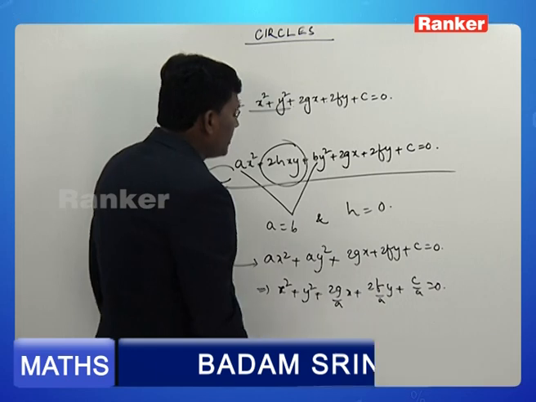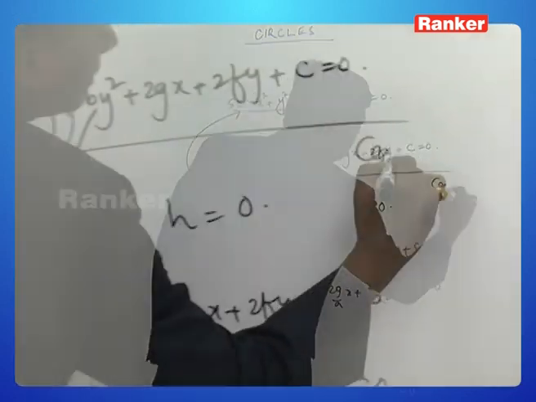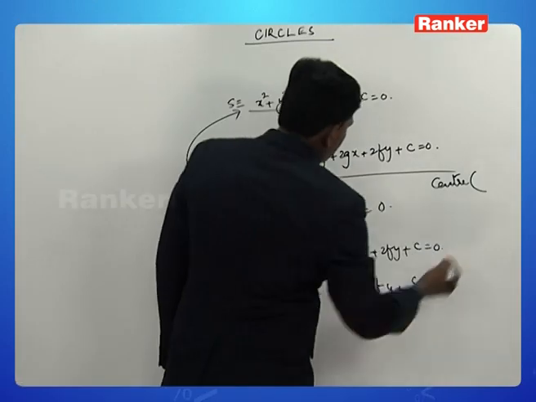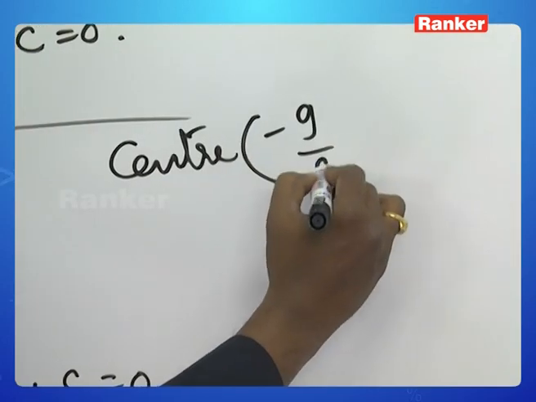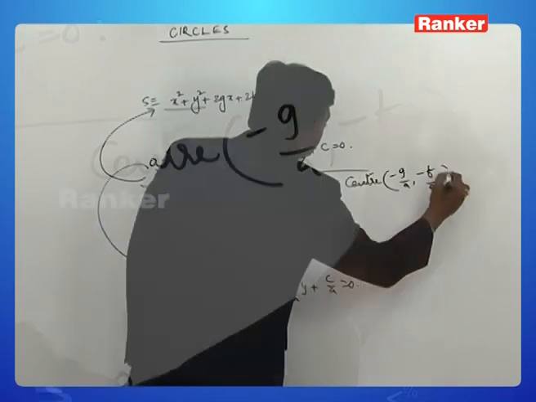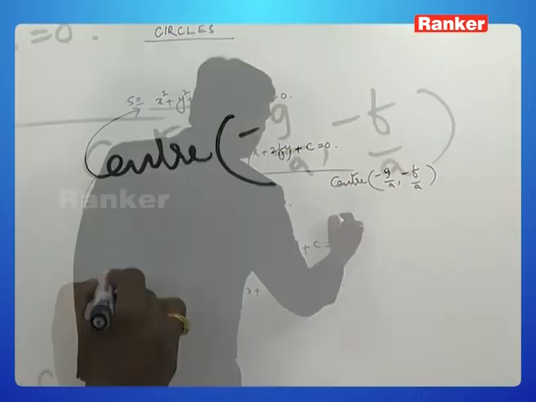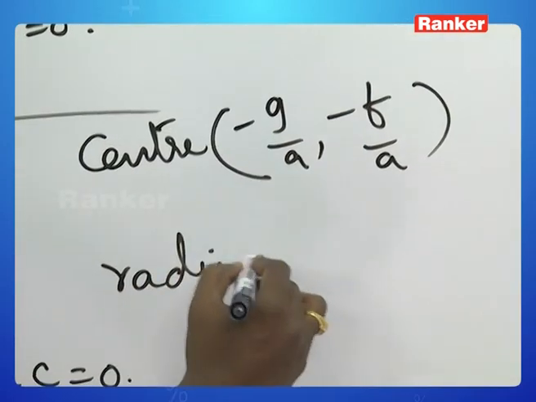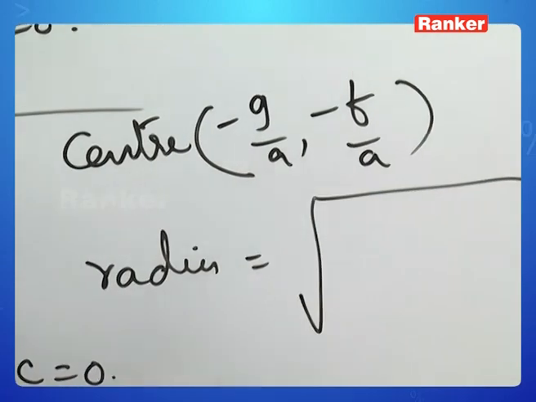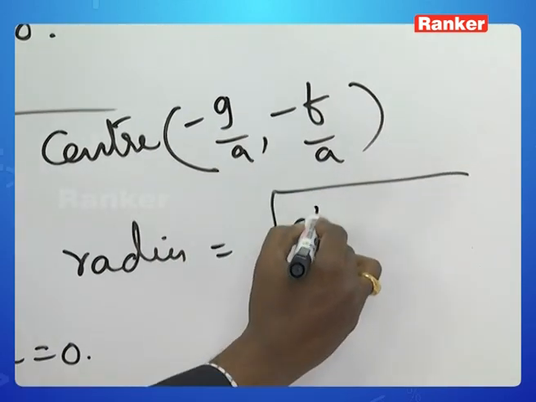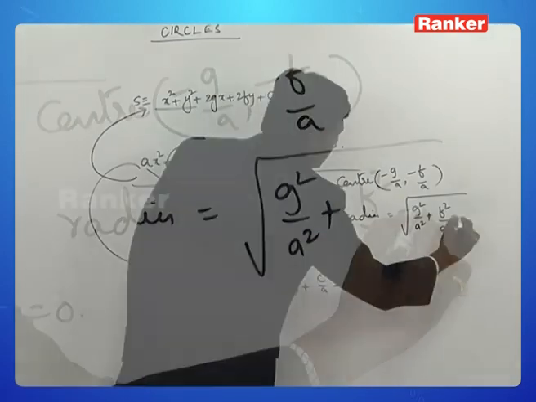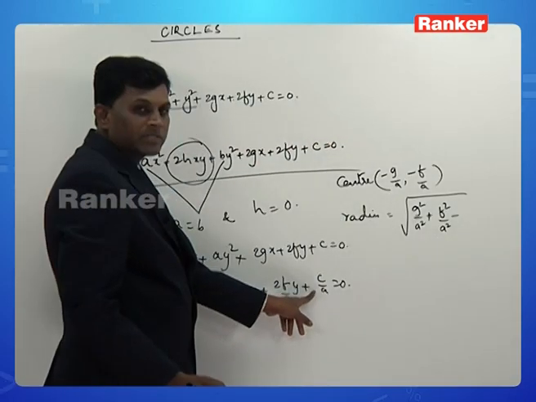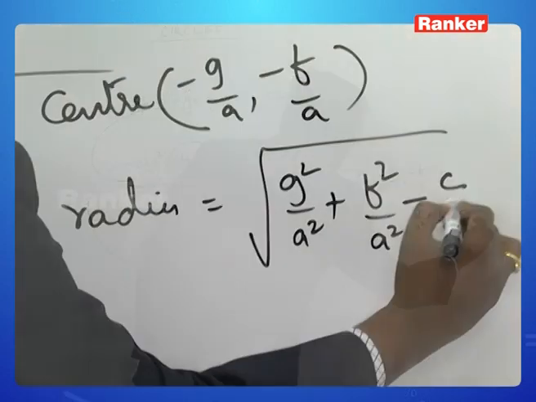Its center will be minus g replaced with g by a, f replaced with f by a, and the radius will be under root g square by a square plus f square by a square minus constant c replaced with c by a.